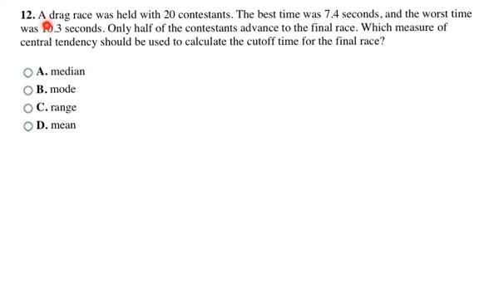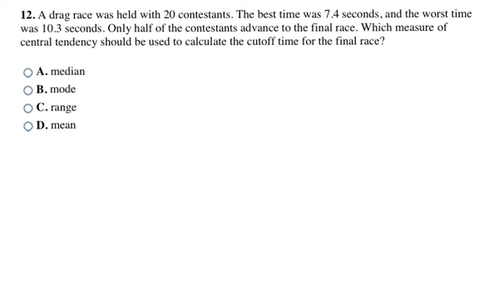This problem says a drag race was held with 20 contestants. The best time was 7.4 seconds and the worst time was 10.3 seconds. Only half of the contestants advanced to the final race. Which of the measures of central tendency would be used to calculate the cutoff time for the final race?